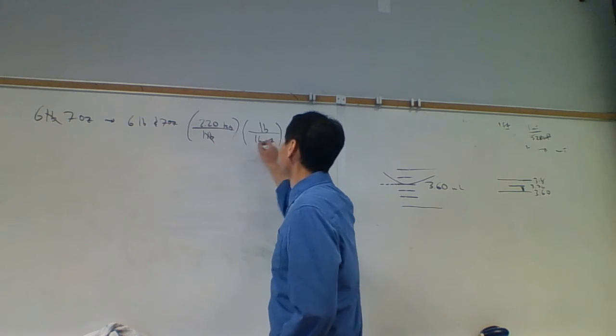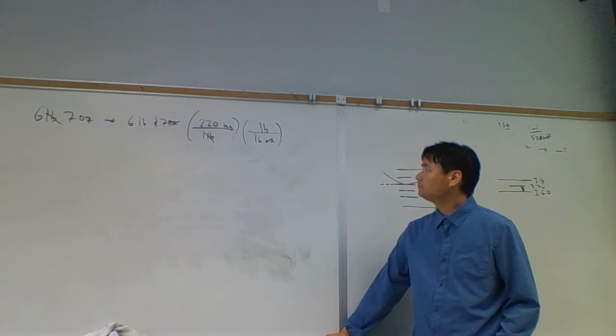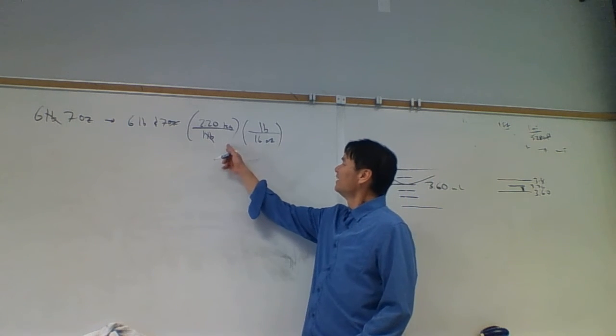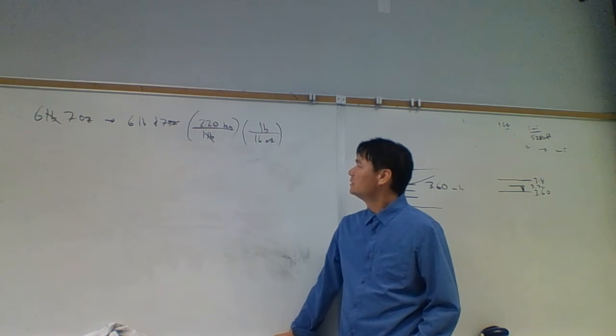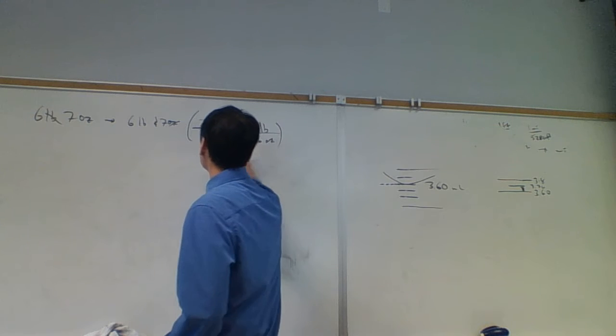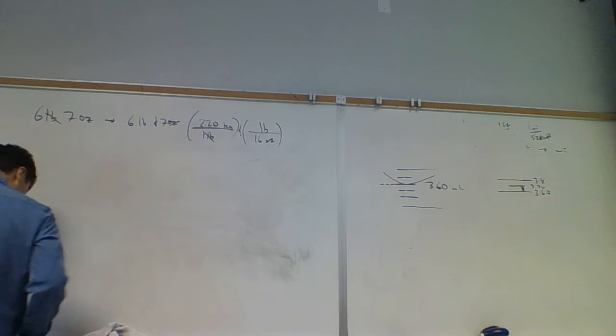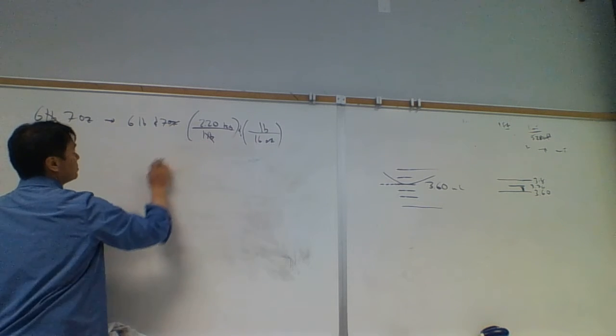And so that's going to get rid of the ounces here. In fact, if I look at that, then that converts it to pounds. So this is a bit tricky. Maybe what I should have done was do it separately because of how the pounds work out.